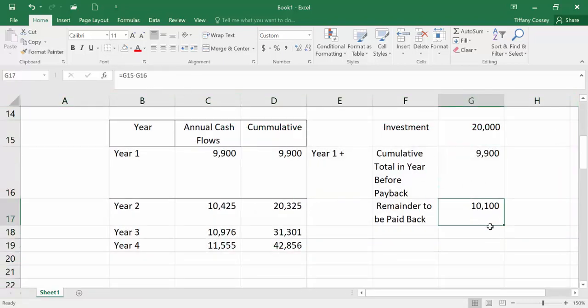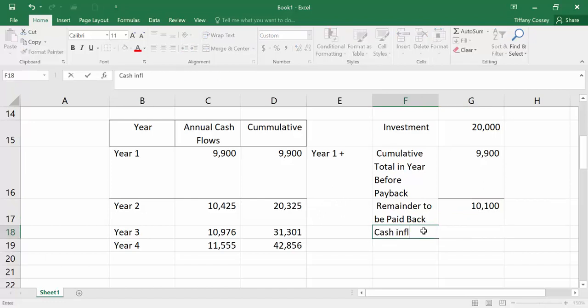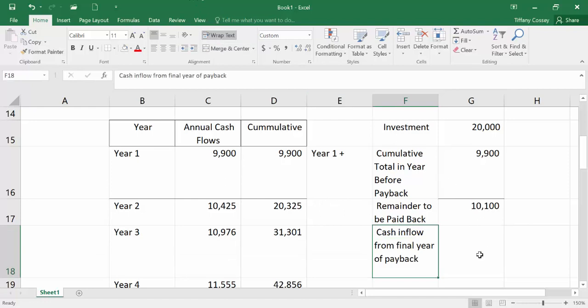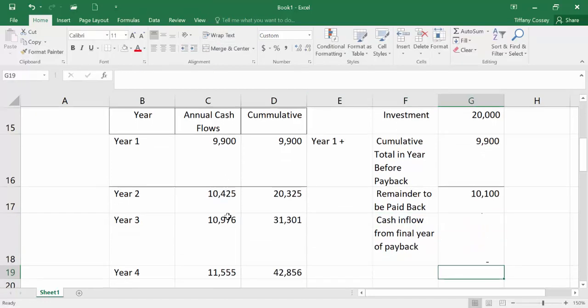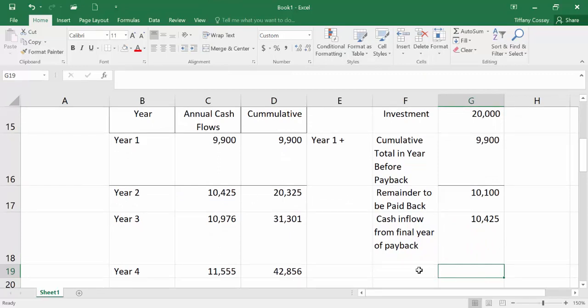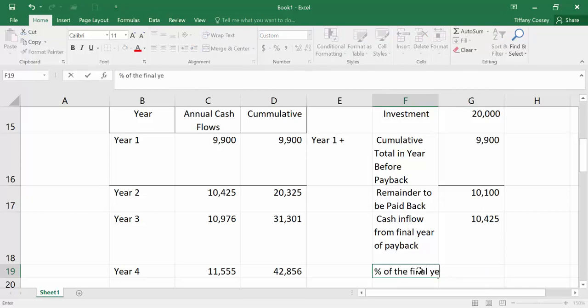And so what we're going to do is take the remainder to be paid back and divide it by the cash inflows from the next year. And so in this case, it's year two. And that gives us the percent of the final year required for payback.